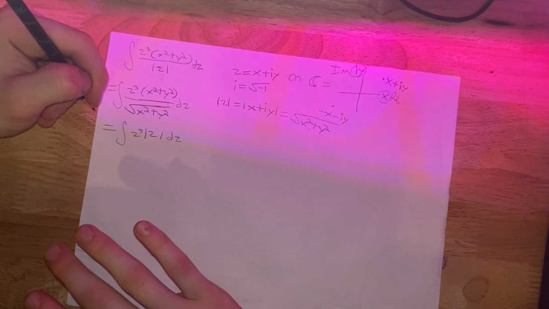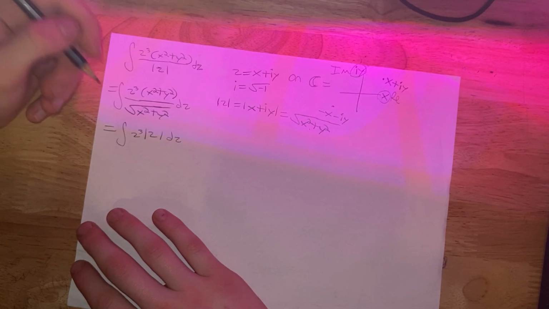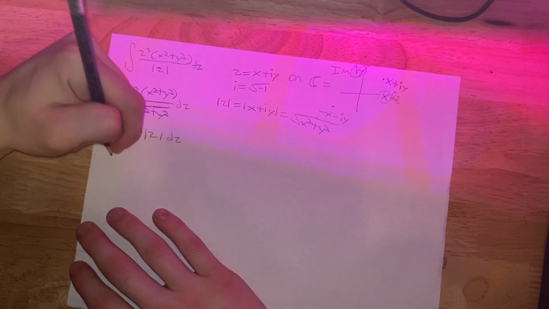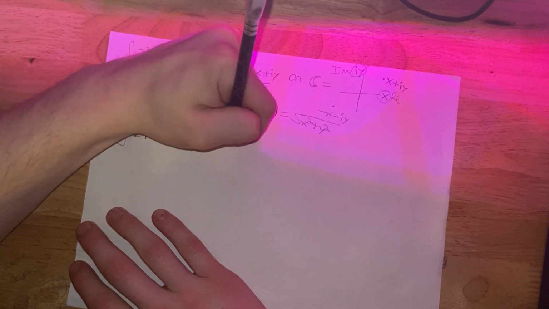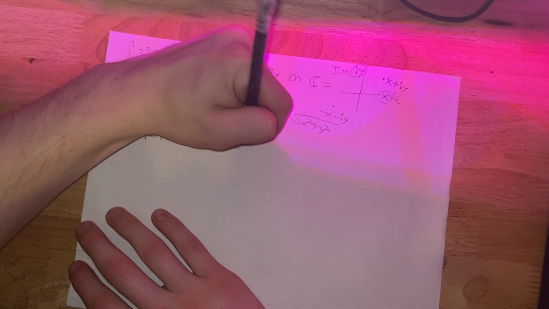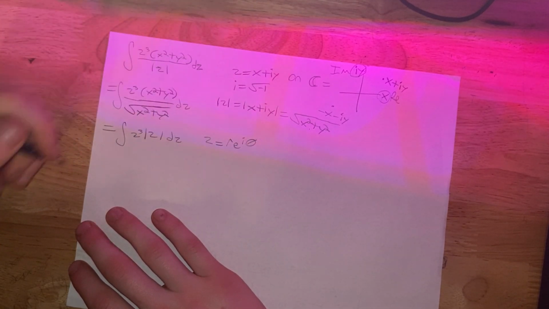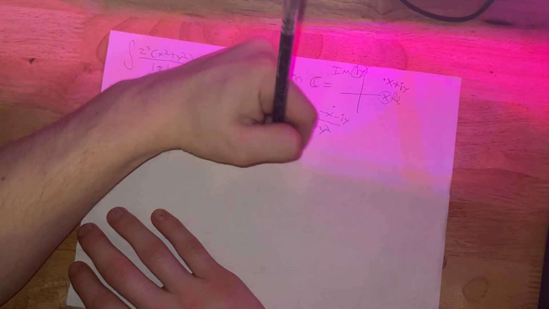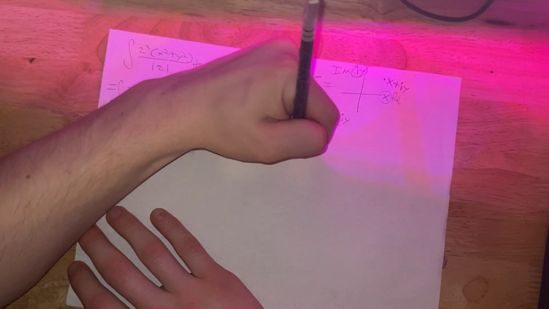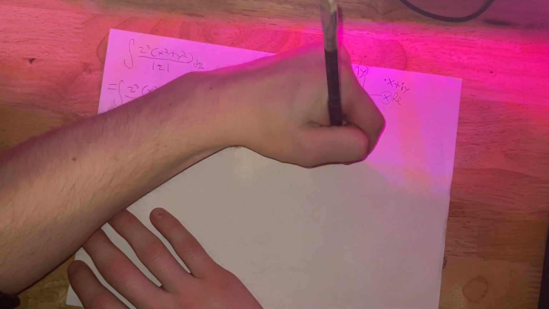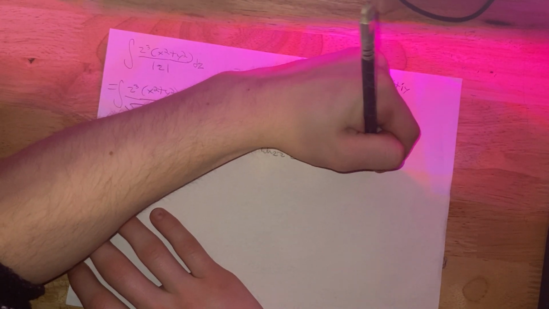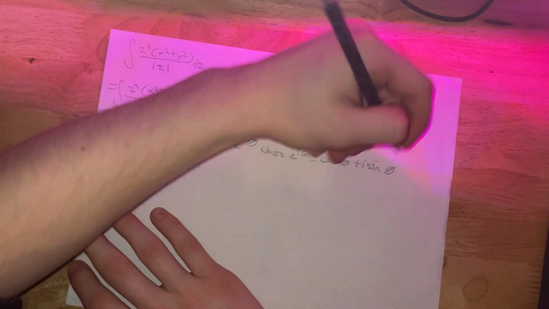So, what should we do? This seems like a good option for polar coordinates. So, we have z being equal to the radius times e to the i theta. We have a new formulation for the complex number here, where e to the i theta equals cosine theta plus i sine theta.